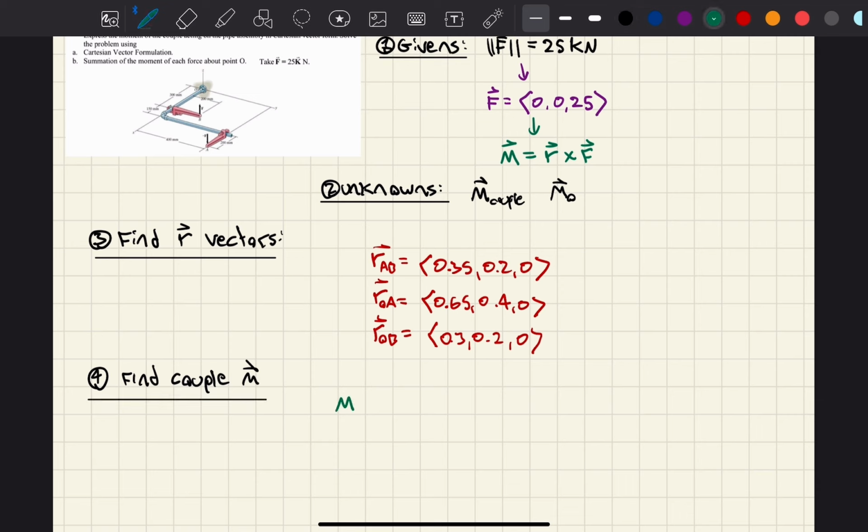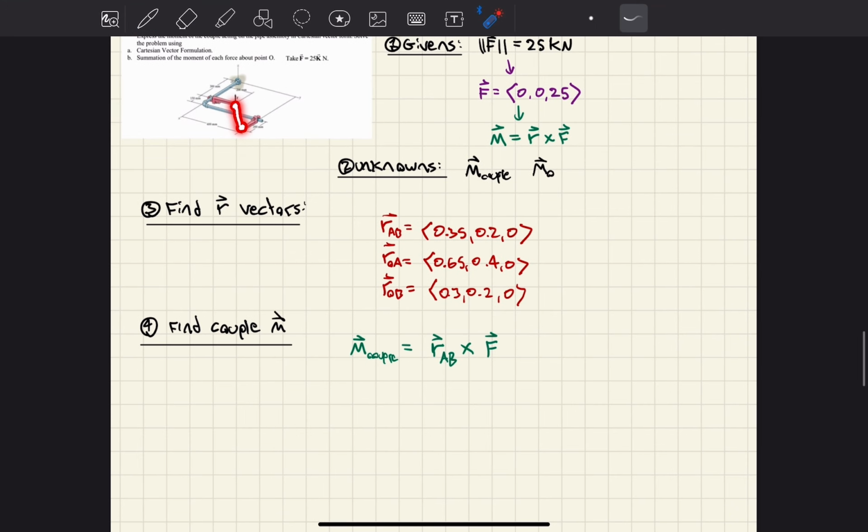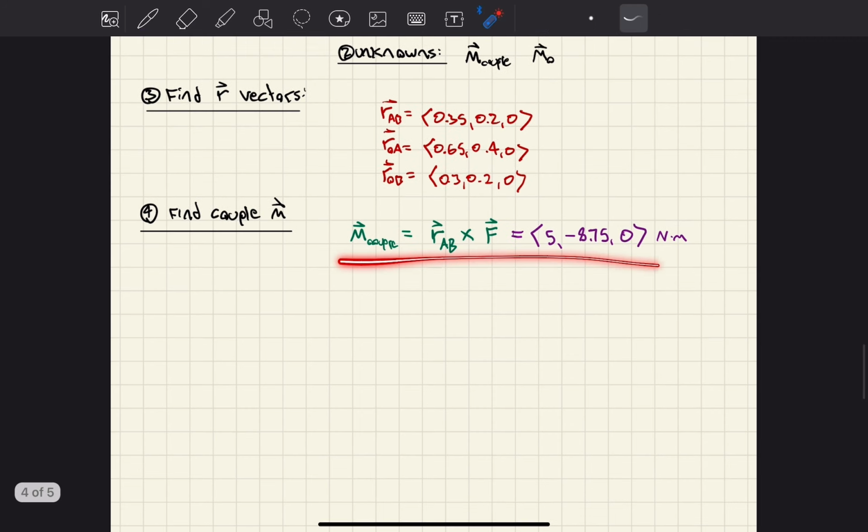Again, just simply using the formula, the moment vector caused by the couple moment is equal to RAB cross the force F, and we're going to use the positive one as we said before because we're going from A to B. Once you do this cross product, you're going to get a vector, obviously, and it's going to be 5 in the x direction, negative 8.75 in the y direction, and 0 in the k direction, and this is in newton meters. Perfect. So that's our answer for part A.